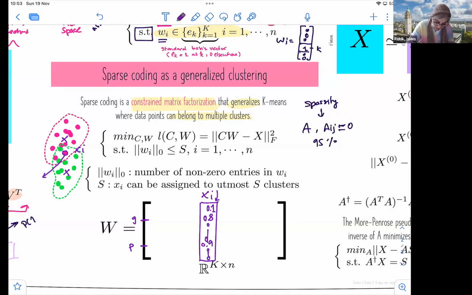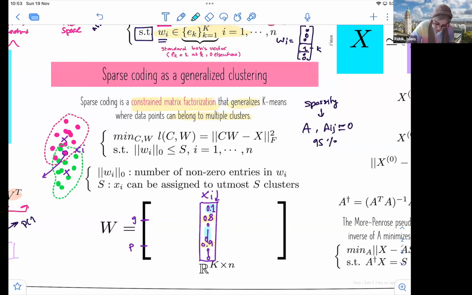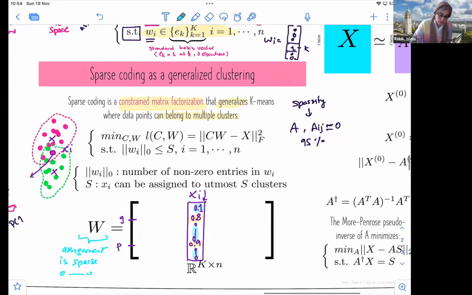And this is what it means. It means that the point belongs to these 2 clusters because it has a high value over there, but the remaining values are almost set to 0. This is why we call it a sparse W. So W here, the assignment matrix that we have now to different centroids or clusters, is sparse. It has lots of zeros, all right? This can also be beautifully written as an optimization problem.